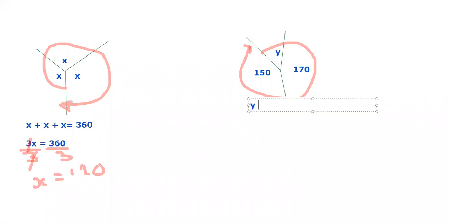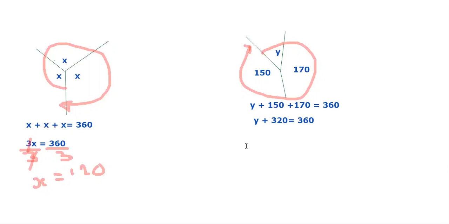Y plus 150 plus 170 equals 360. Then y plus 170 plus 150, that should be 320, equals 360.